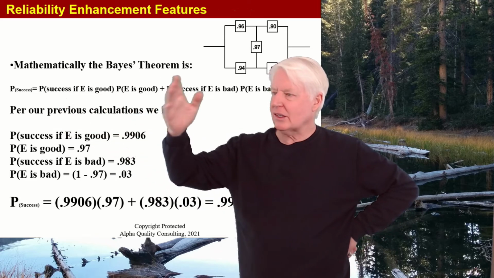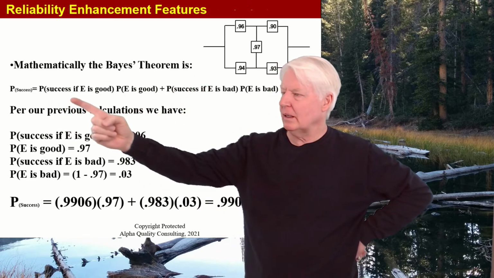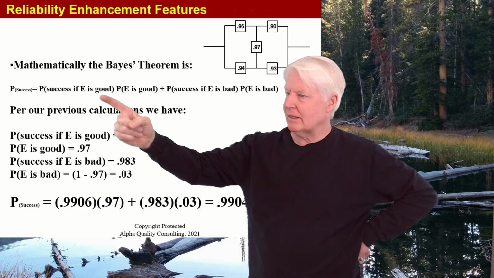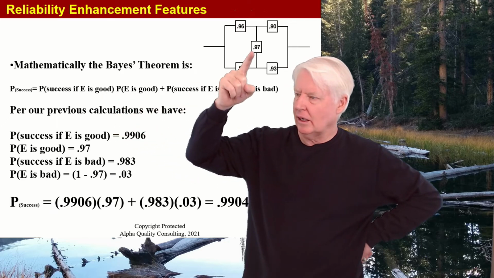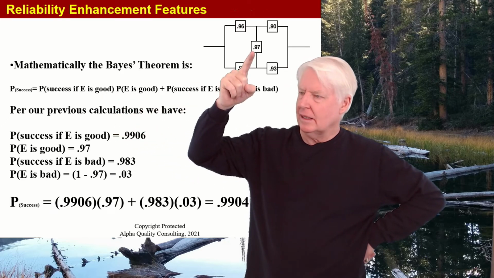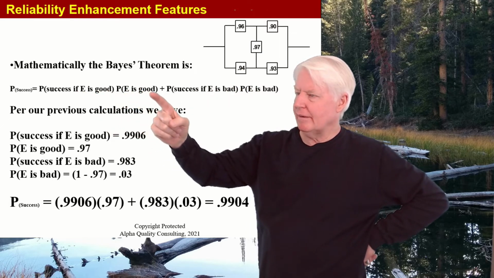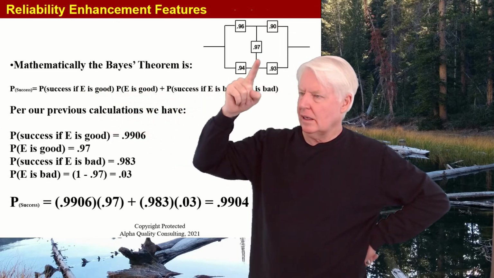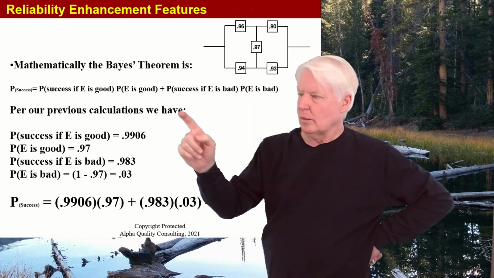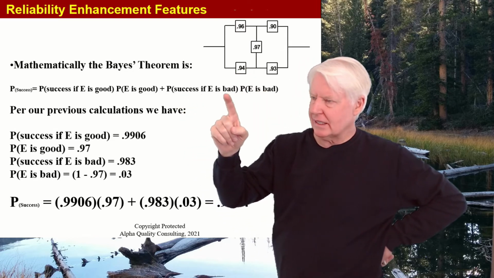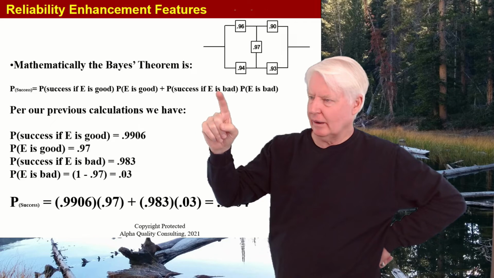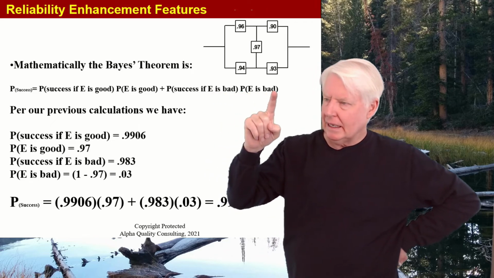So the probability of success of this system is the probability of success if E is good, E meaning my keynote component or enhancement, the oil additive for example, times the probability E is good, plus the probability of success if E is bad, times the probability E is bad.